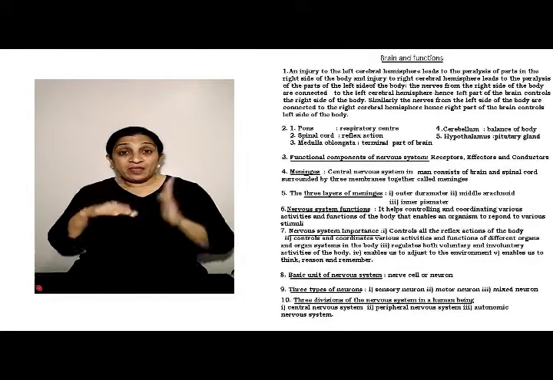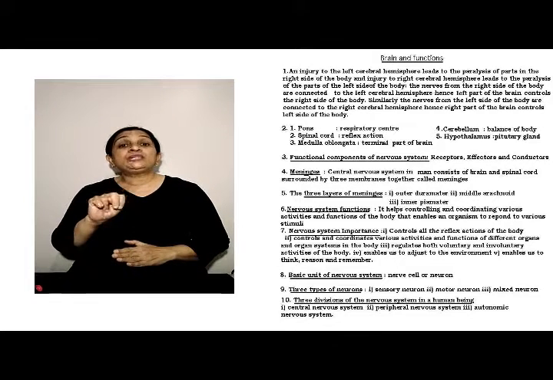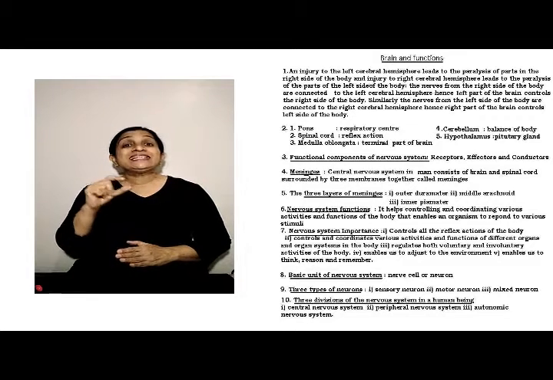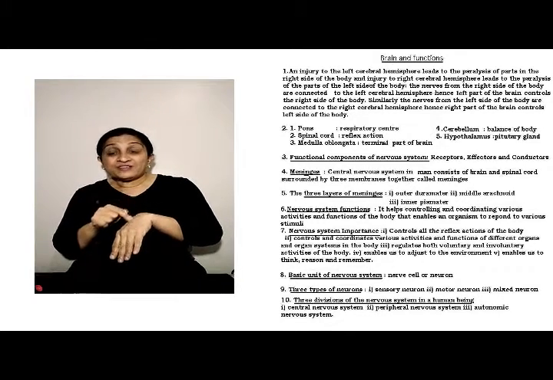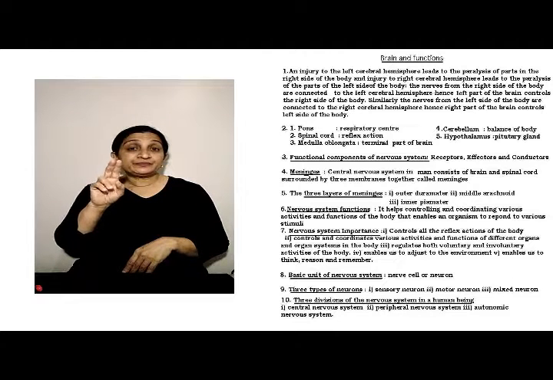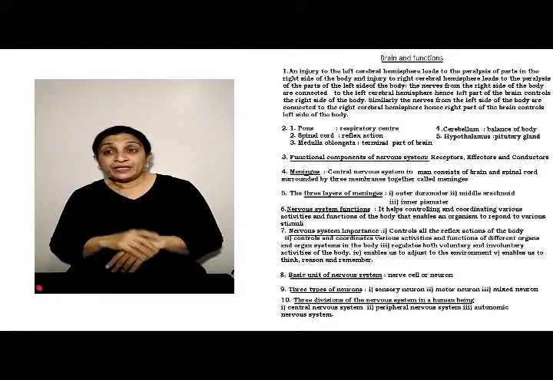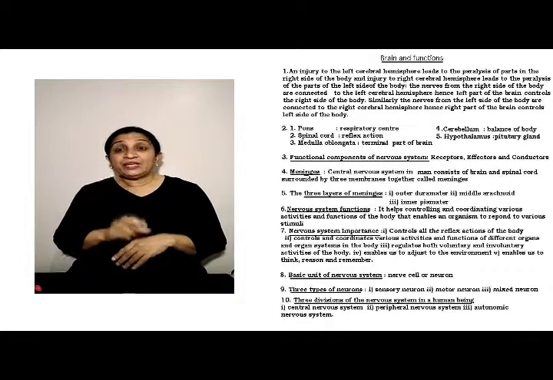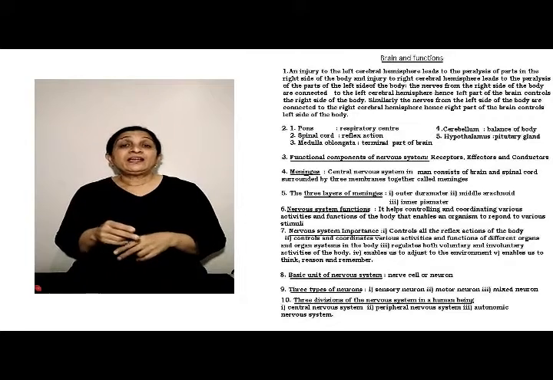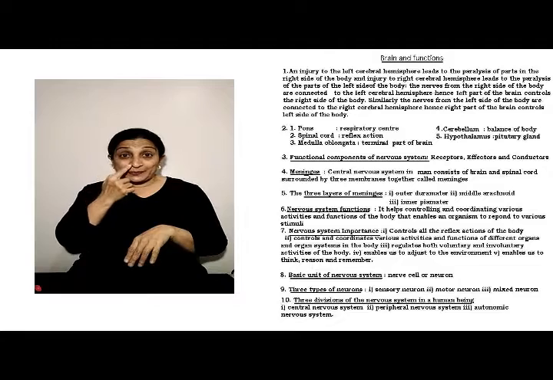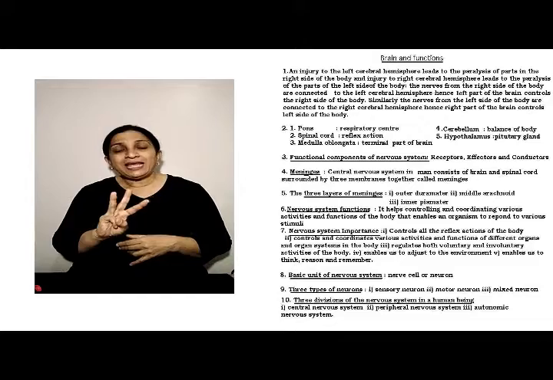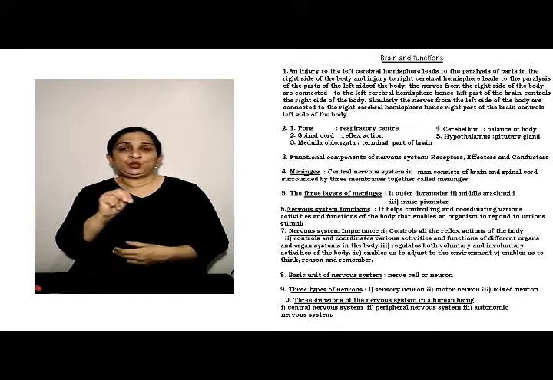Then you have number 8, the basic unit of the nervous system is the nerve cell, the neuron. Then ninth, you have the three different neurons: sensory neuron, second motor neuron, and the third is the mixed neuron.